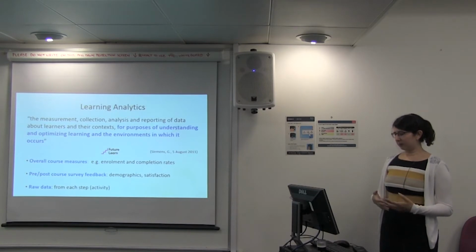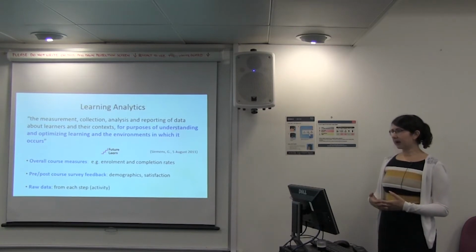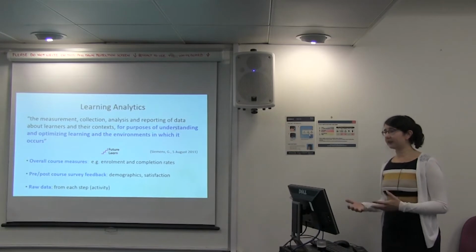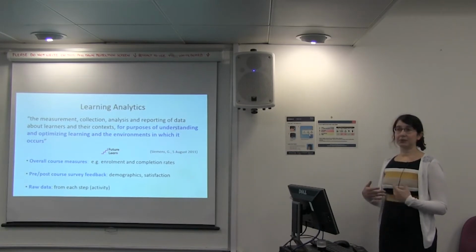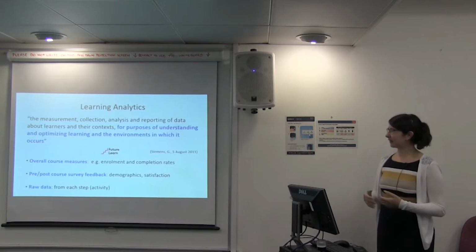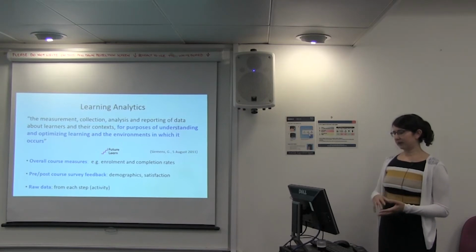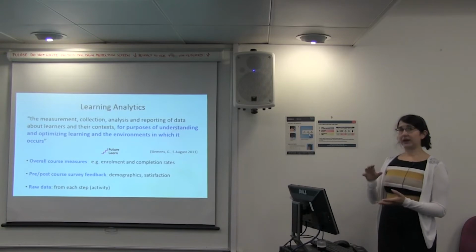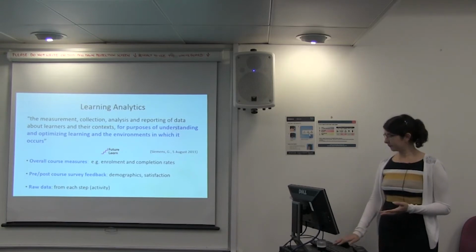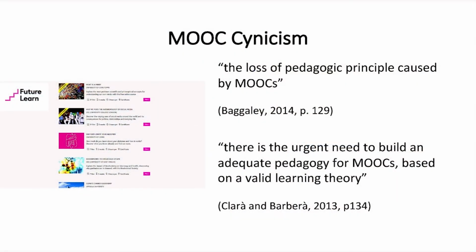We also have pre and post course survey feedback. The disadvantage to that is that it's only completed by people who voluntarily complete these surveys, but it does give a good snapshot of, for example, demographics and satisfaction levels. And we're also provided with raw data from each step, that is, each activity within the course.